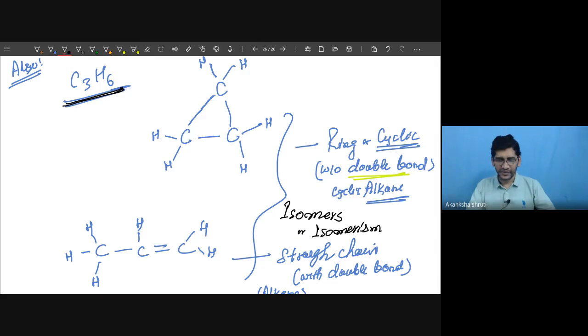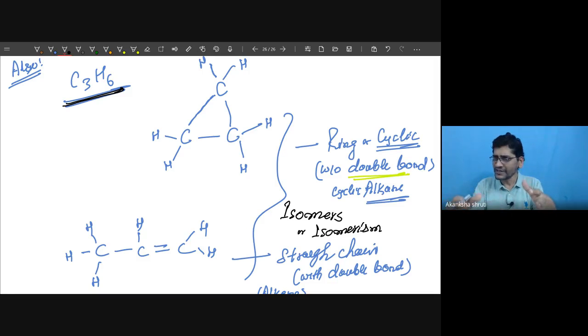So the phenomenon of existence of more than one structural formula for the same molecular formula is called isomerism. The different structures we have drawn for the same molecular formula are called isomers. These two isomers have different properties. Here we have seen one has a double bond and the other is cyclic: one is the alkene group, the other is the alkane group.